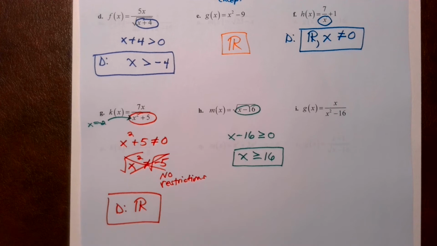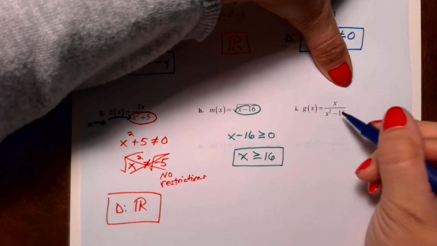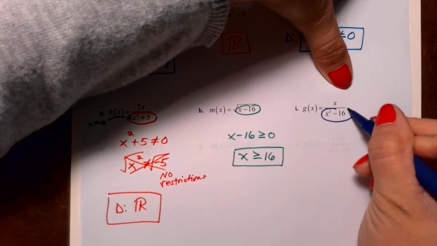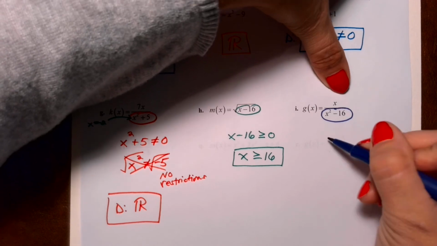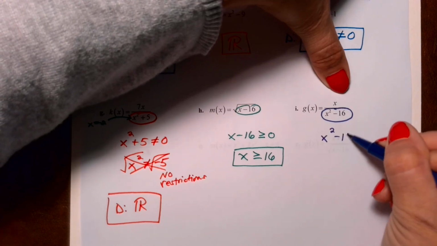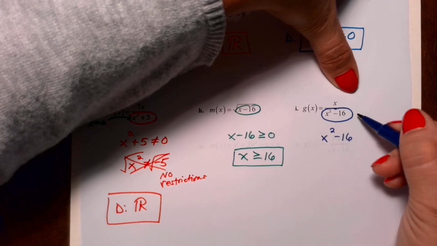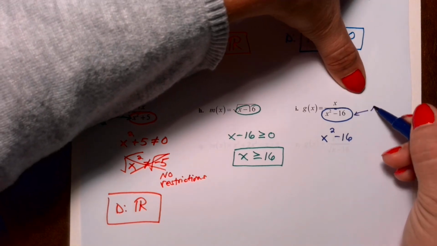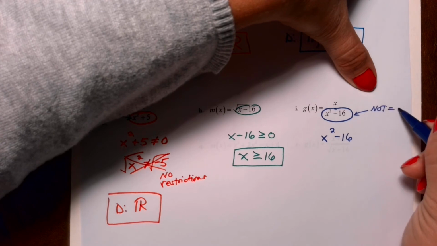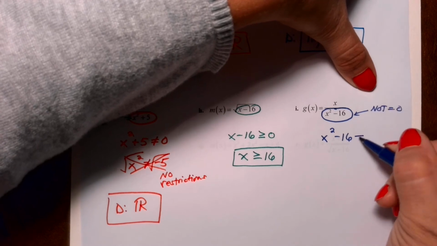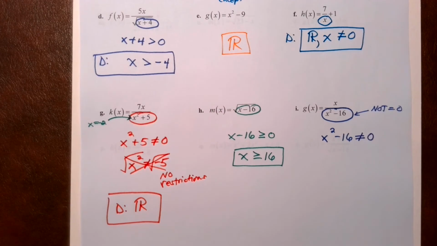Letter I. I see a similar expression here, a quadratic in a denominator. So you take that expression. Remember the problem with denominators: they do not equal 0. Now we solve it.